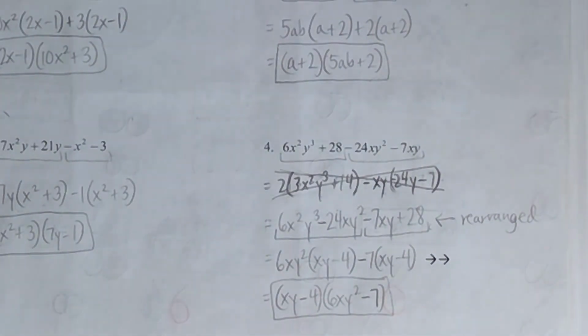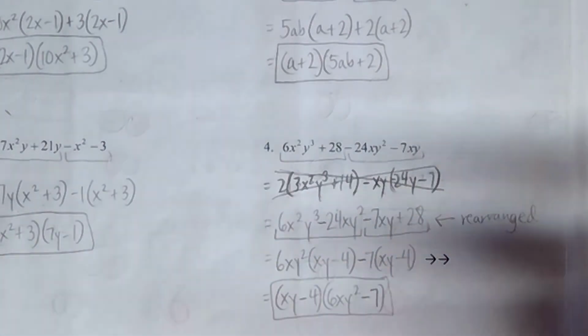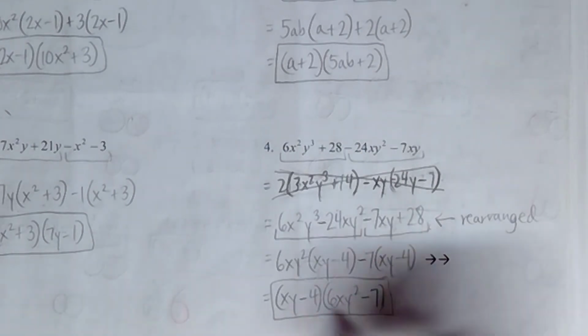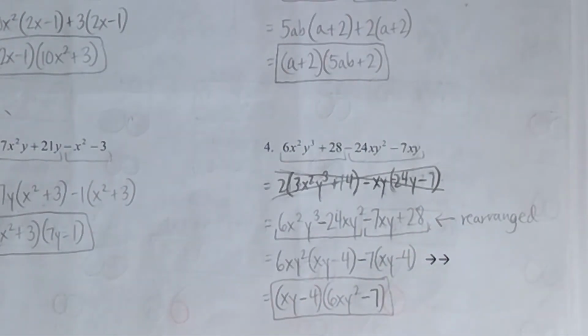Once you get the 2 brackets there, in these factor by grouping problems, unless it's one of those 6.4 problems that I'll tell you about later, that is as far as a factoring problem goes. It doesn't mean that it's always going to go that far, but if you do get to the 2 brackets here being multiplied together, unless it's the 6.4 exception, that's where you want to end up.